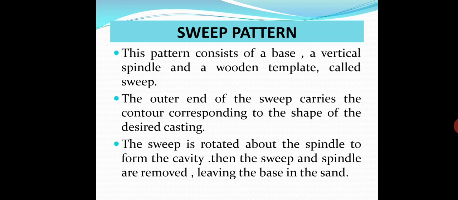Next is sweep pattern. This pattern consists of a base, a vertical spindle and a wooden template called sweep. The outer end of the sweep carries the contour corresponding to the shape of the desired casting. The sweep is rotated about the spindle to form the cavity.